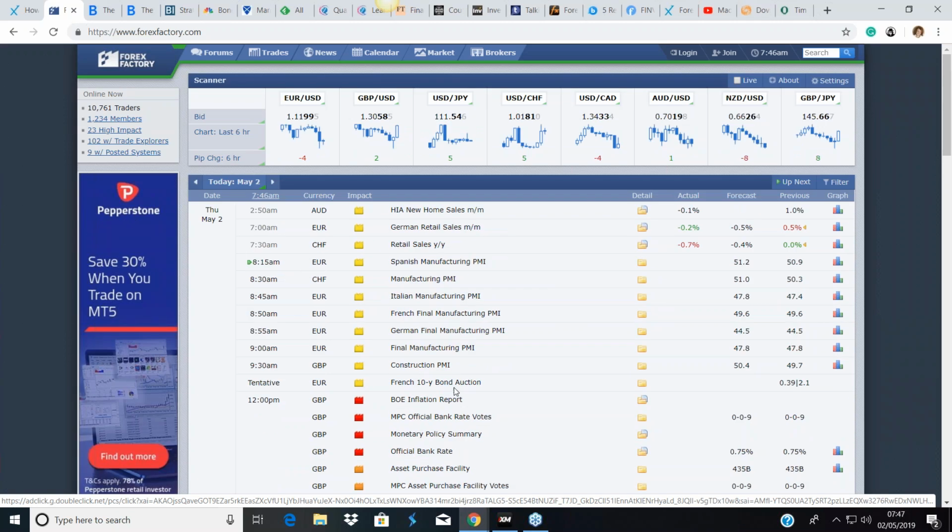These are all the PMI numbers, and I've said this in the past. These numbers here always used to be red, David, didn't they? They always used to be high impact. Certainly not so much the individual ones, the Italian and the French, but the German ones certainly used to be, and the European ones. So the markets will be waiting for those as well, and we'll see what happens to the euro.